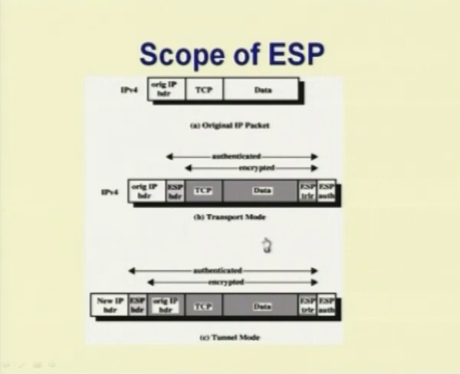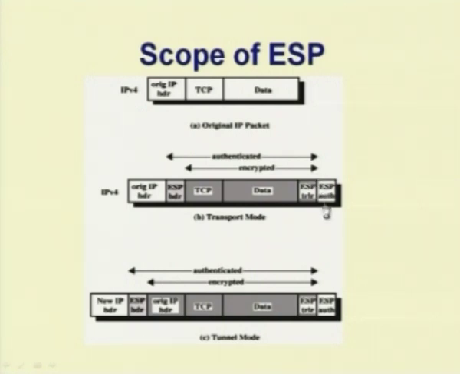If I were to use it in a transport mode of operation, then what happens is, you have the original IP header, and then what is there inside the IP header is your IPsec packet. Now, the IPsec packet consists of an ESP header, then the data which is carried inside it, which may consist of the TCP and the data, plus an ESP trailer. The ESP trailer, the data and the TCP, that is whatever comes from TCP along with the data and the trailer that is added to it, are encrypted, and this is embedded between an ESP header and an ESP authentication field.